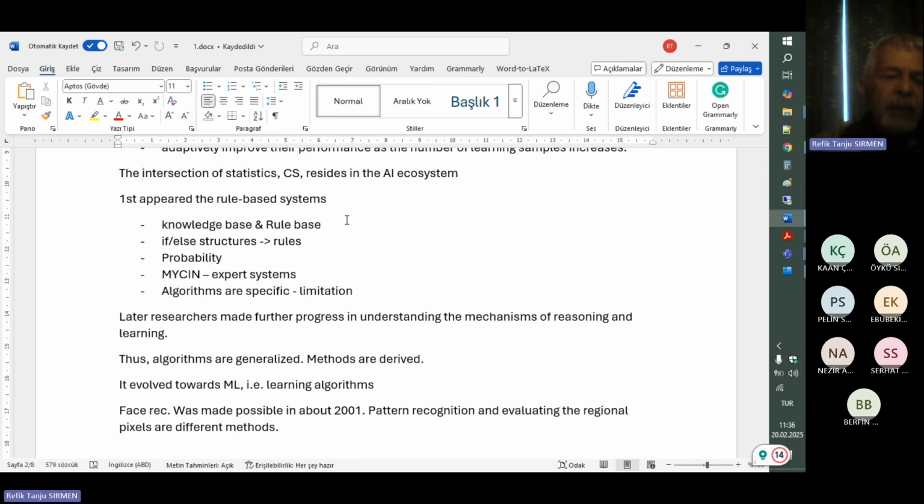As I said, we provide some cases: if this is this and this is that, in that case, do this. So all these if-else structures are named as a kind of rules, right?